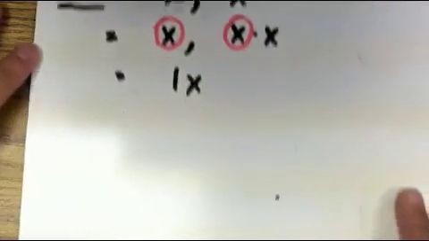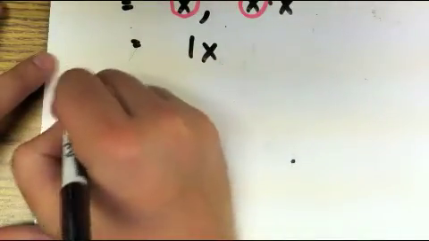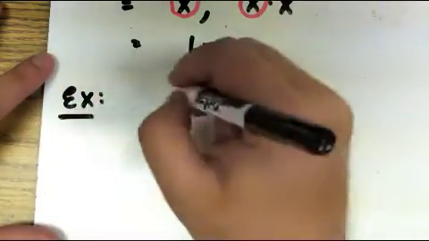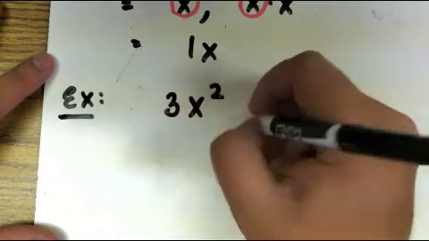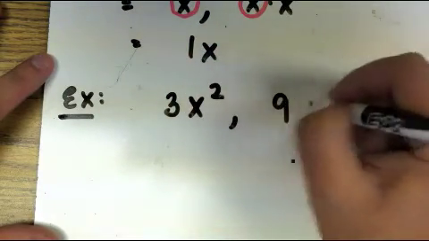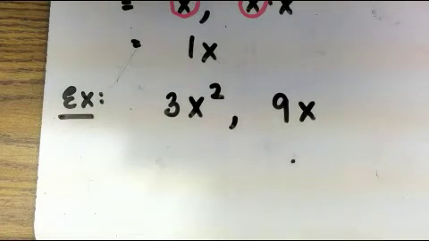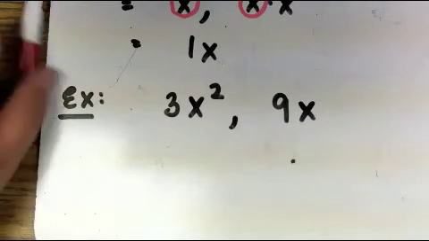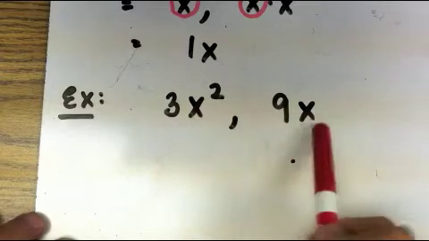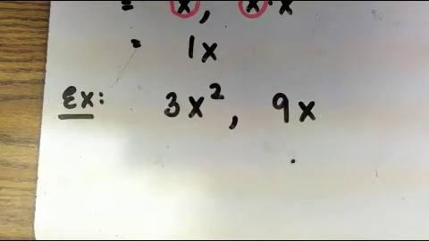All right, now, let's do another one. Let me kind of mix it up on you now. So if I asked you now, 3x squared and 9x. Now, all I want you to do is find the GCF. That's all we're doing right now. So, I see numbers and I see variables, so I just do one piece at a time.